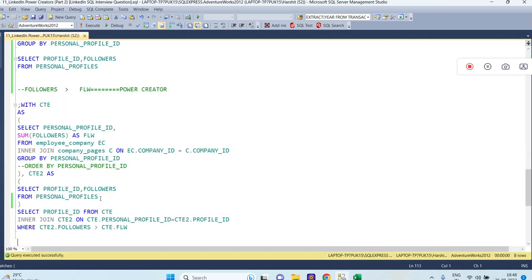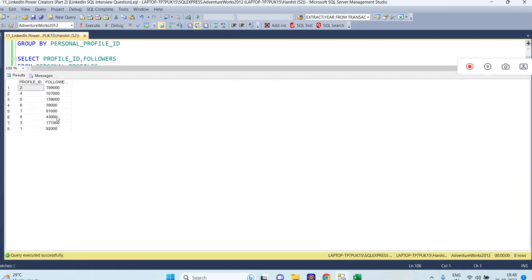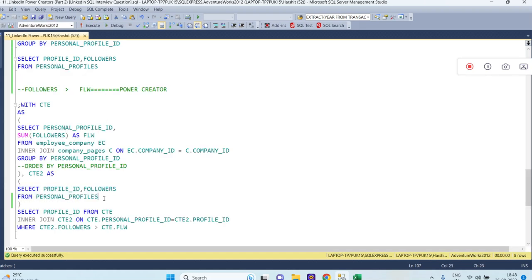Now if you see over here, this is the second CTE. This second CTE indicates individual follower. I have taken personal profile ID, profile ID, and this follower and this individual follower, right? We need to do a comparison. Then only we can identify any person as a power creator.